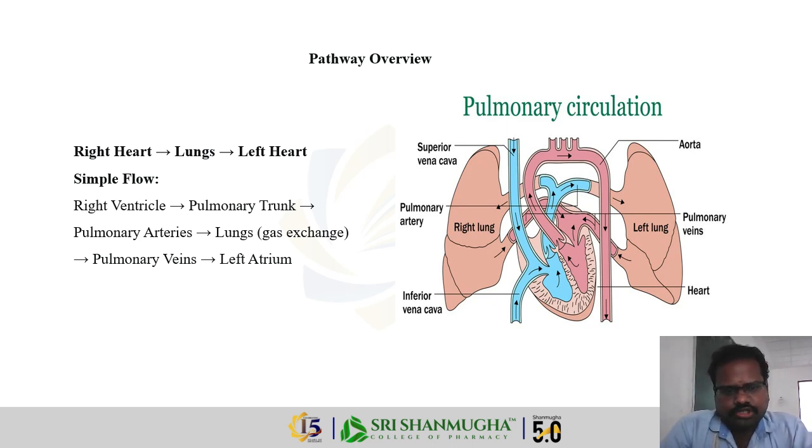From the gas exchange, the oxygen is transferred to the blood, and the oxygenated blood goes into the pulmonary veins. From the pulmonary veins it comes back to the heart via the left atrium. So this is the entire circulation between the heart and the lungs. You can see the exact flow of the blood in the picture.